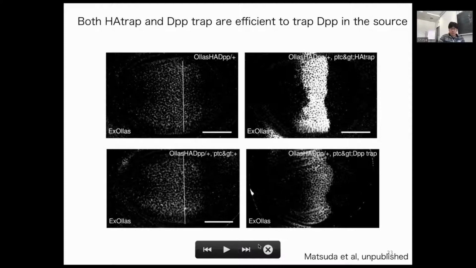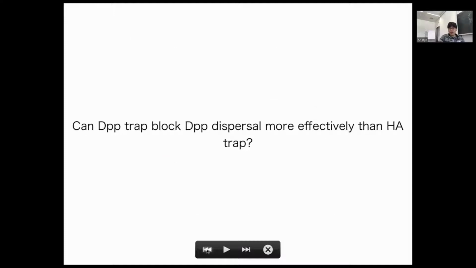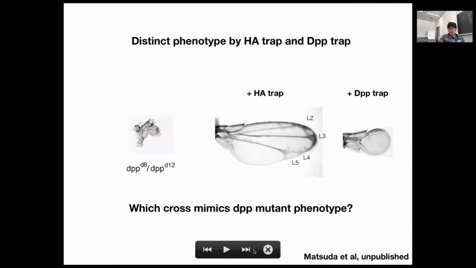But one possibility is that undetectable small differences may give us the big difference here. So both are probably good binders and trap DPP strongly, but maybe this blocks slightly better, and maybe that's why you see a stronger phenotype.